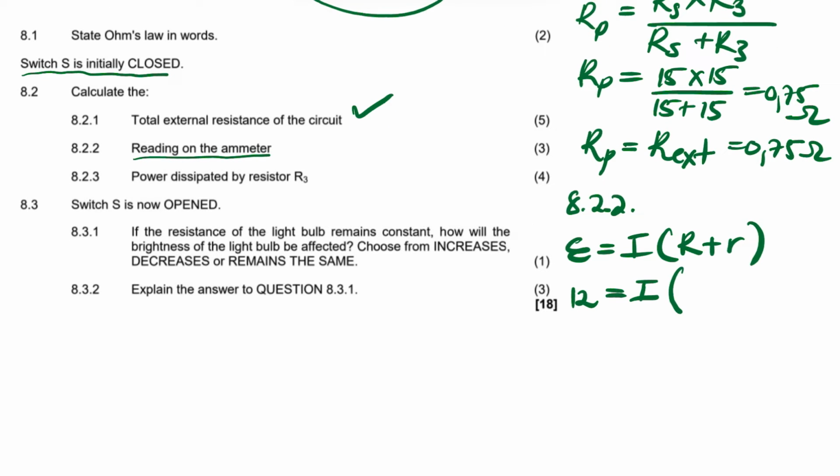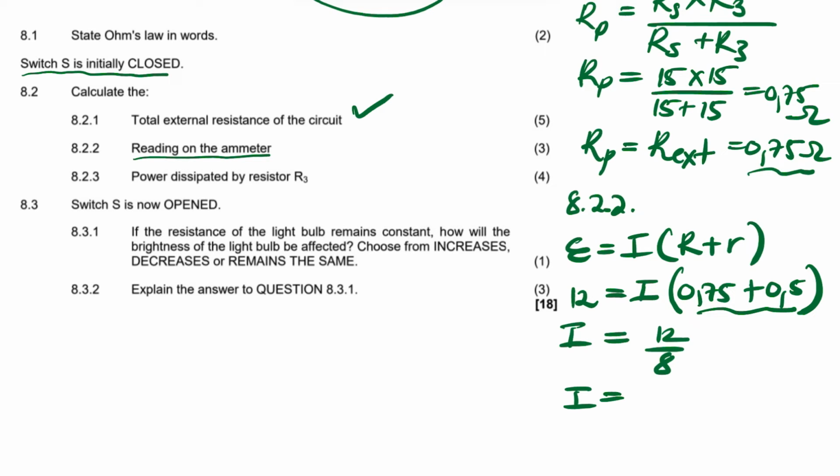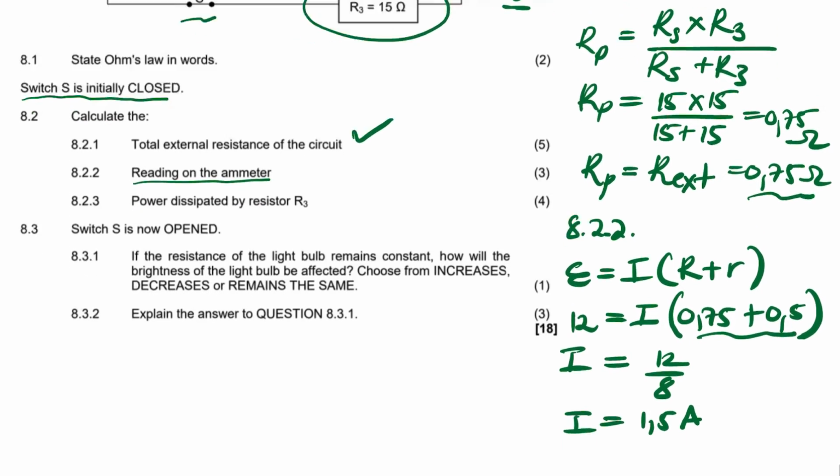We want the total current. The external resistance we just calculated is 0.75, and the internal is 0.5, so that will be 8. Hence I is 12 divided by 8, which is 1.5 amperes. So the total current is 1.5.